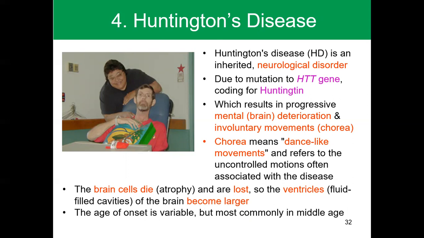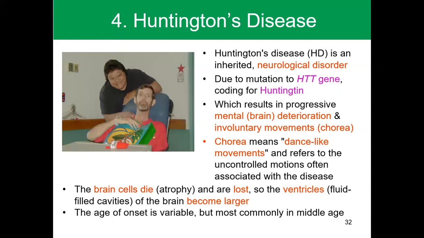Neurological means it affects our nervous system. That means the central nervous system, brain, spinal cord, and also the peripheral nervous system. Okay, neuron, right? It is due to mutation to the HTT gene. So this HTT gene codes for the protein called huntingtin.